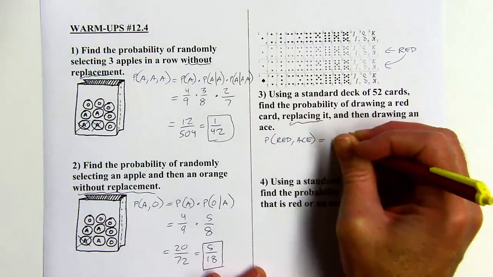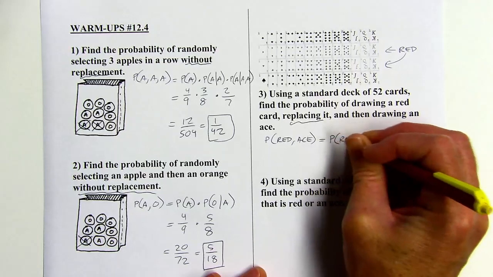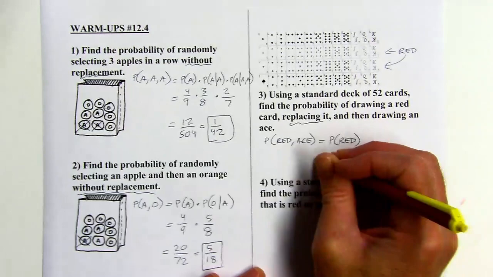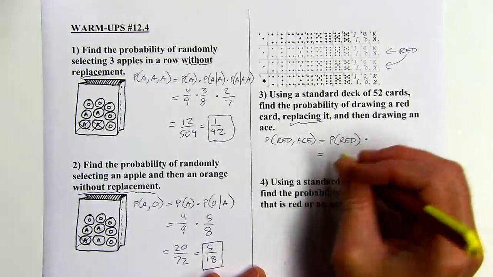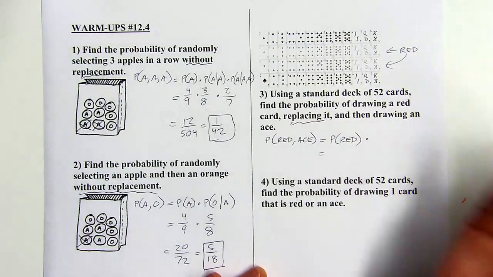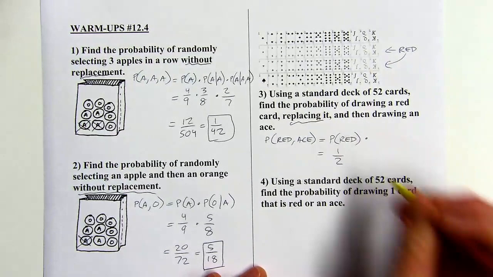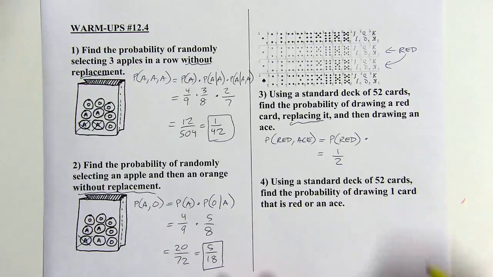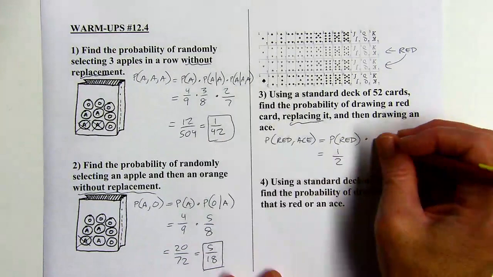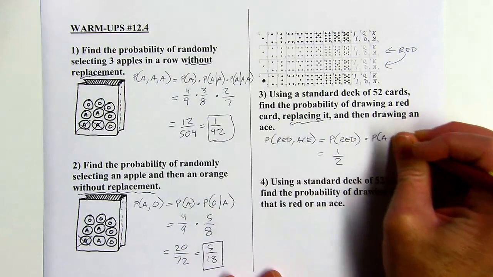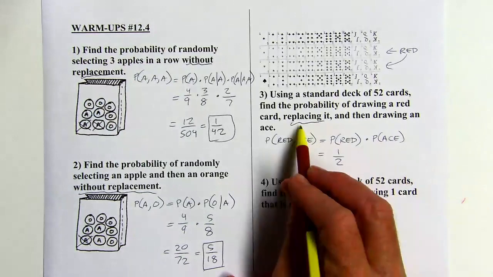Okay, so I'll first just find the probability of pulling a red card. That's going to be half the deck, right? It's going to be 26 out of the 52 cards if you count them up, but I can see it's going to be half the deck if you reduce it. Half the cards are red, half are black. Okay, and then the probability of pulling an ace, we haven't removed a card because we put it back, right?